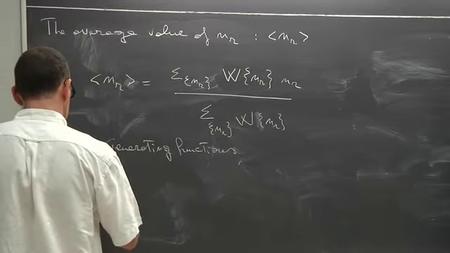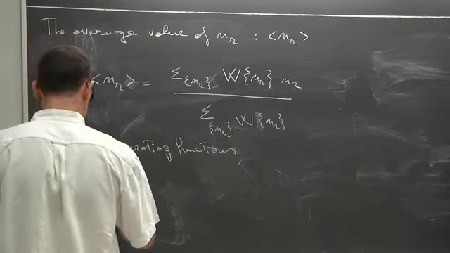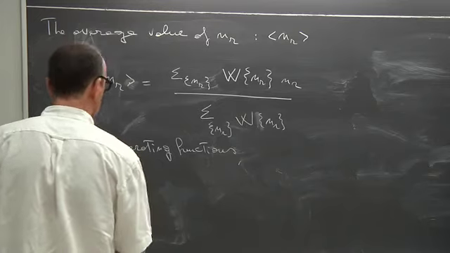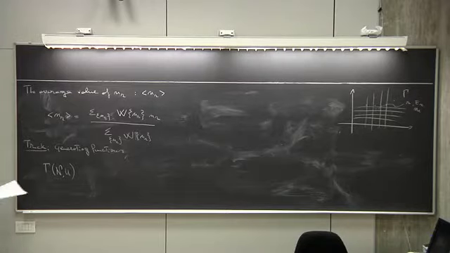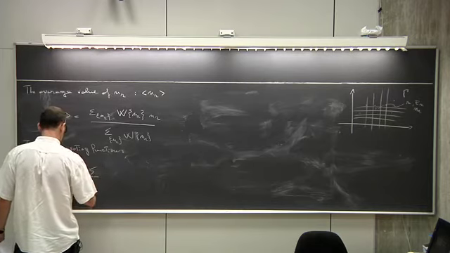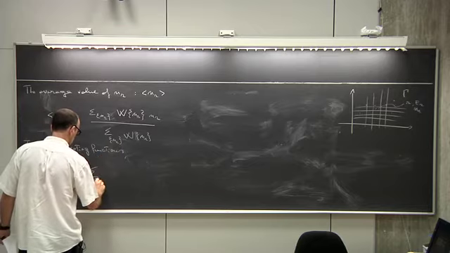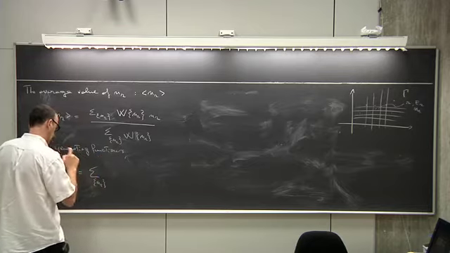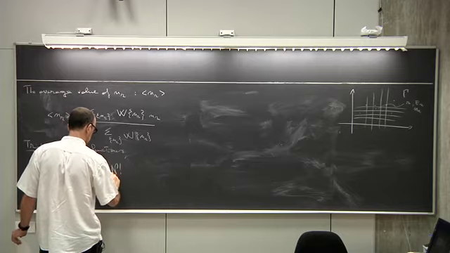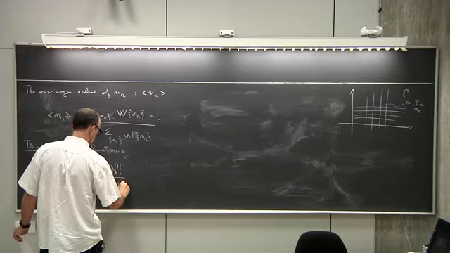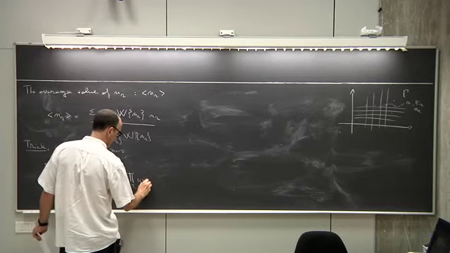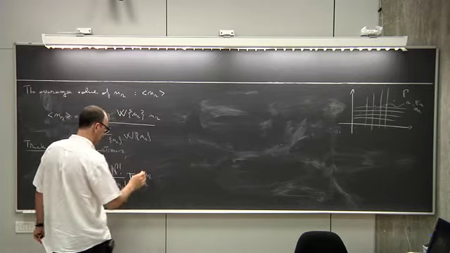So it is convenient to introduce an object which is the sum over all the n of r of W of n, which is N factorial divided by the product over r of nr factorial, times the product over r of omega r to the nr.